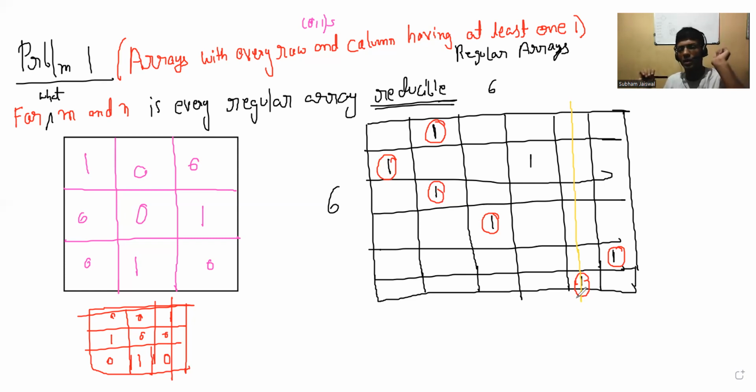Then I can remove this column which was not used. Is it okay to do that? But if I remove this column, then I can also remove this row. Is it okay to do that?